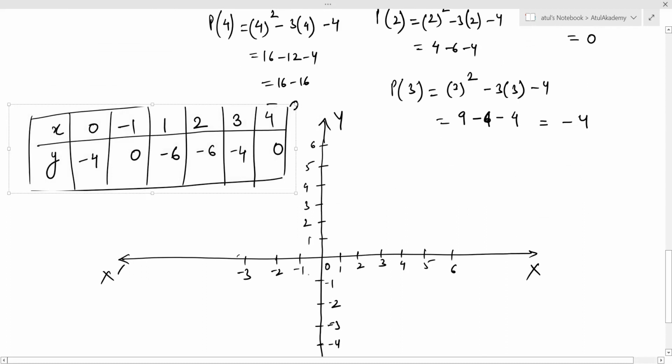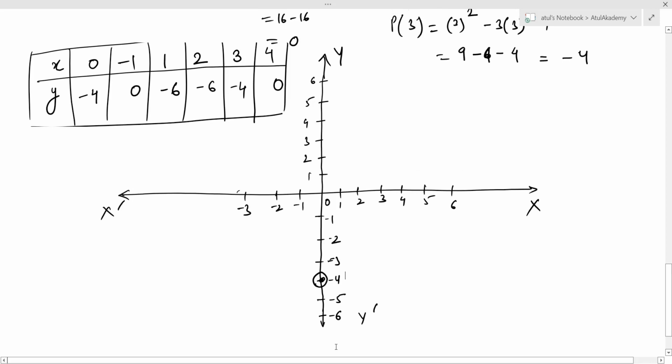Now let's plot them. X is 0 and y is minus 4, so it will go over here. That's the first point we will have. Then next one is x minus 1, y 0. This will lie on x-axis. Then 1 and minus 6 go below over here. 2 and minus 6, x is 2, y is again minus 6.